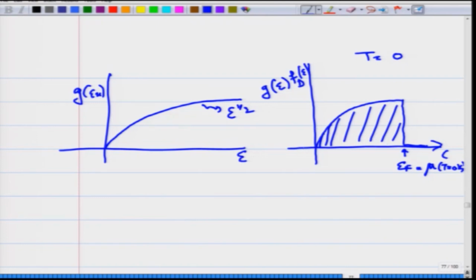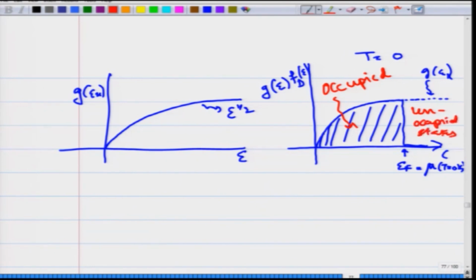These are all occupied, and although this is G of E, although it continues as E raised to half above the Fermi energy, these are unoccupied states.